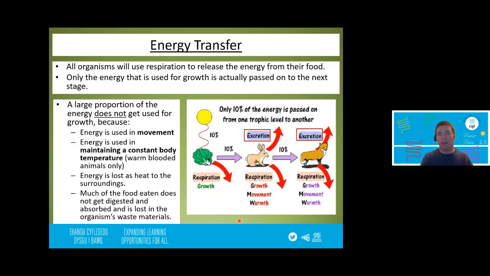So effectively, a lot of the lettuce that goes into the rabbit passes straight through the rabbit, it poos it out, and needless to say, the fox does not get access to the energy which is in the feces, because the fox is not eating the feces, the fox is eating the rabbit. And that's particularly relevant when you're consuming plants, because of the cellulose that is in the cell walls of the plants. That's very hard to digest. And consequently, an awful lot of feces contains a very energy-rich substance, cellulose, but that has not been digested and absorbed.